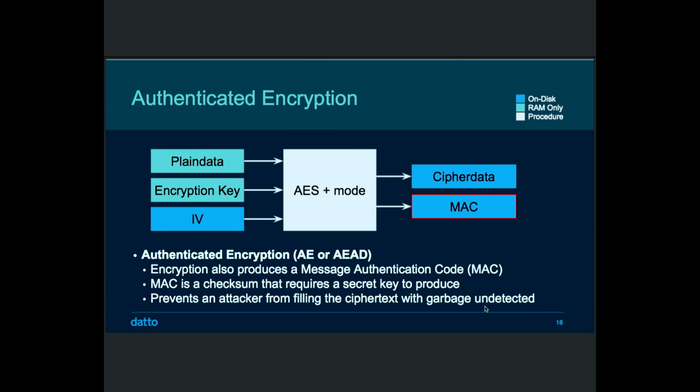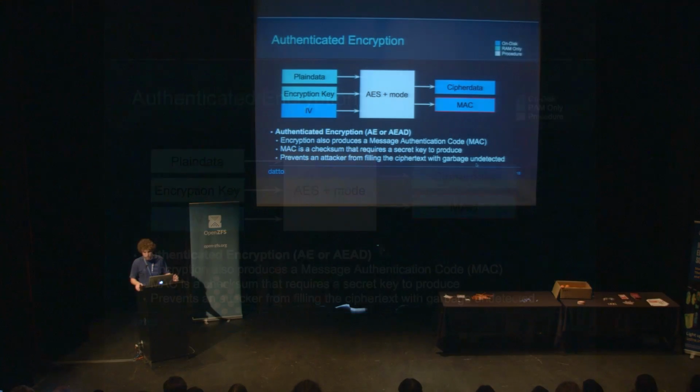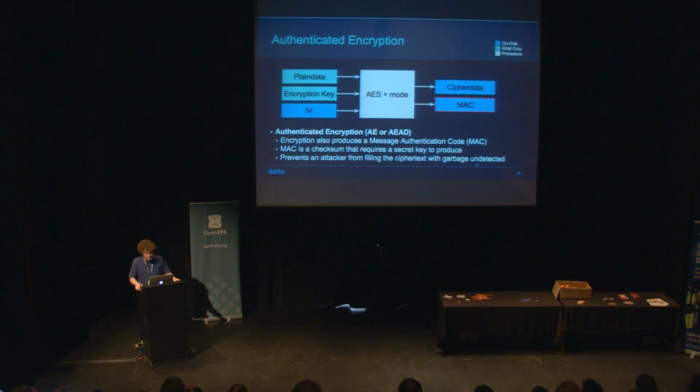alter our data. So we're going to add something called a MAC. A MAC is basically a message authentication code, and it's basically a cryptographically secure checksum like SHA-256 or SHA-512 or one of the other ones. That will require a secret key to produce. So in this case, that's also going to be the encryption key.